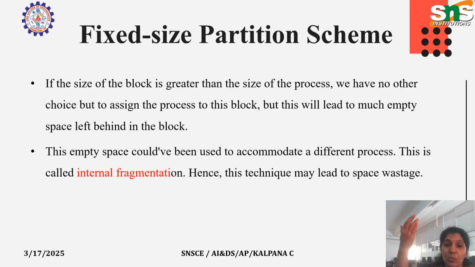For process 1 it is 2 MB, and likewise for process 3 it is 1 MB. So free space is available in each and every block. This we call internal fragmentation. Internal fragmentation means that inside the block, some free memory remains that is of no use. It is actually memory wastage. That we call internal fragmentation.